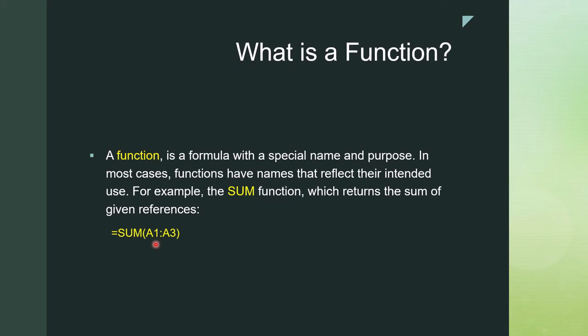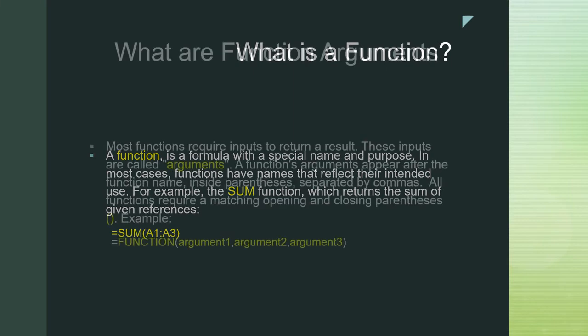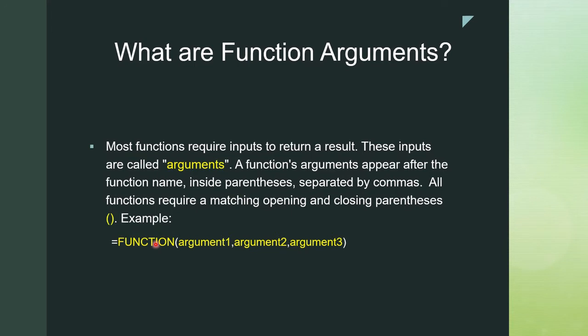So what are arguments? Well, arguments go inside of parentheses and they go after a function. The amount of arguments that we have in a function is different depending on the function that we're using in Excel. The order in which we place the arguments inside of the parentheses also matters and is different depending on the function we're using.